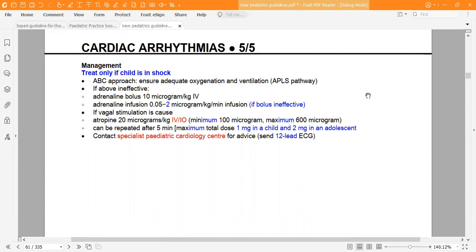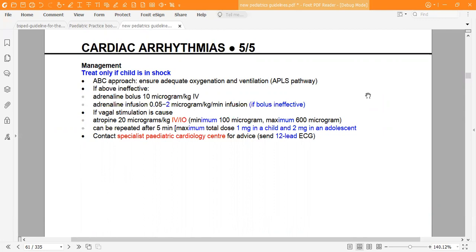If the above is ineffective, you have to think about adrenaline bolus, 10 microgram per kg IV, and adrenaline infusion, 0.05 to 2 microgram per kg per minute, if bolus is ineffective.